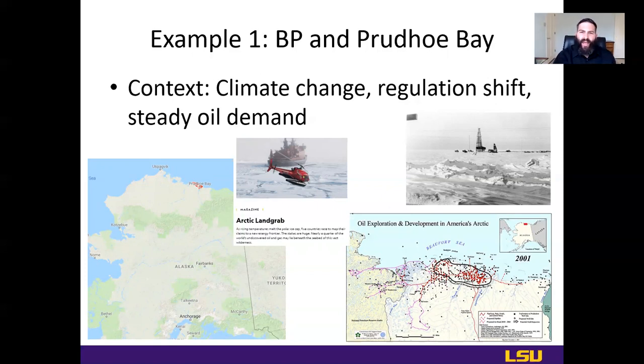What is happening in the external environment that makes companies decide, now there's an opportunity here? This is pretty straightforward. Number 1, climate change is happening. We tend to think about that as a problem. But for oil companies, things that used to be buried under snow and ice and glaciers, that made it prohibitively expensive to get to, now they can suddenly reach some of those oil fields.